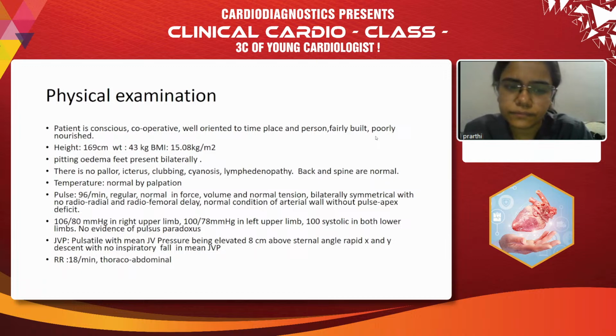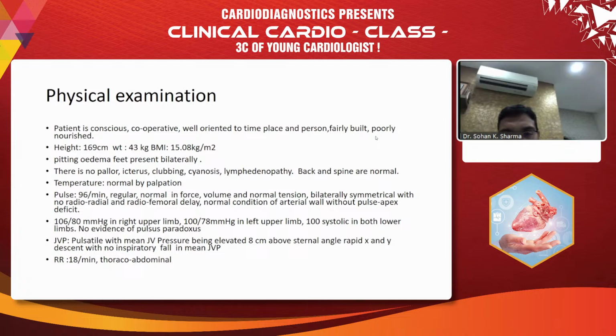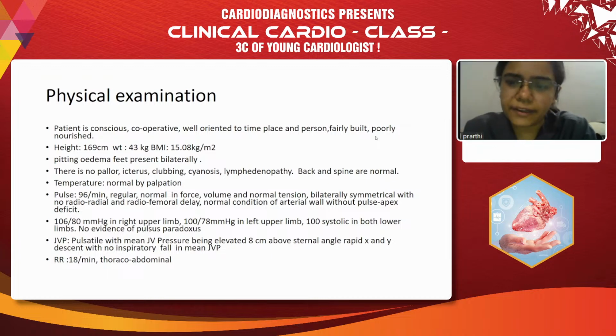Fine. What about the JVP? In the waveforms, there is rapid X and Y descent. What does it mean? Rapid X descent occurs because the atrial pressure is elevated, so there will be increased flow of blood from RA to RV.